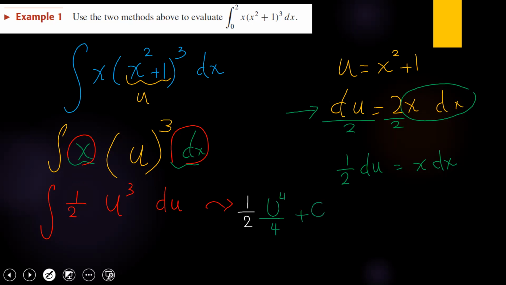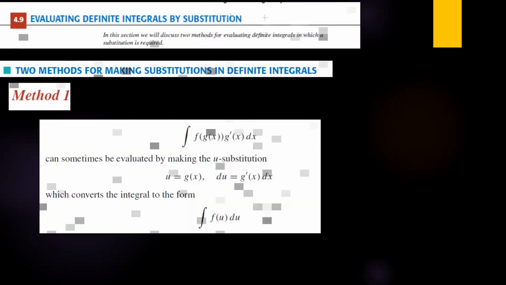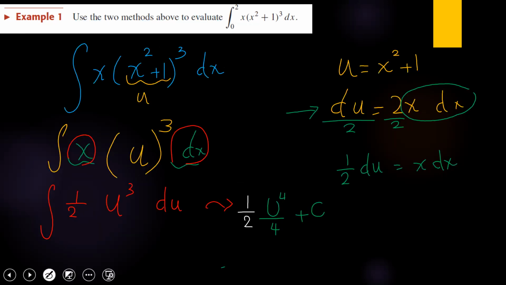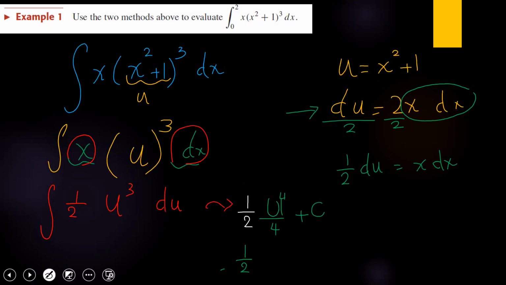This is the integration. Now let's substitute back. I don't want it as u, I want it as x. So it is half times (x squared plus 1) to the power 4 over 4 plus c.